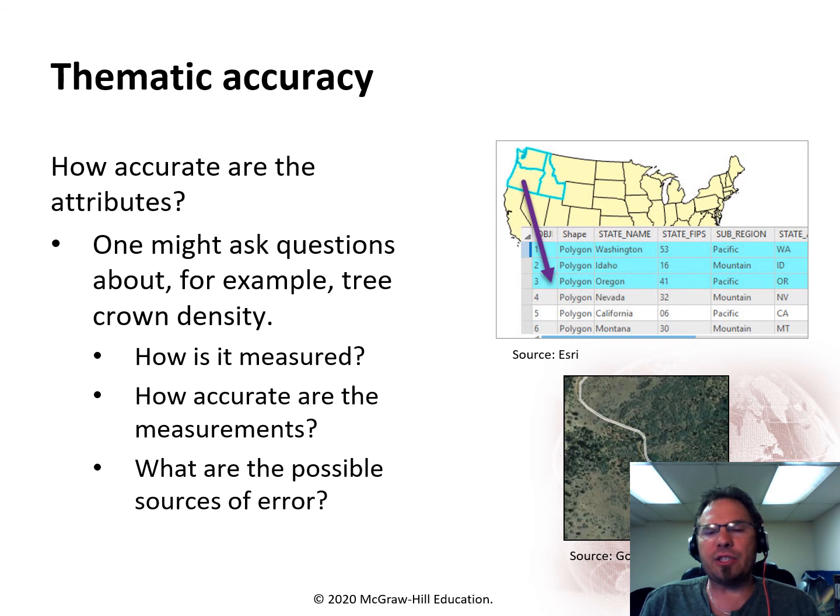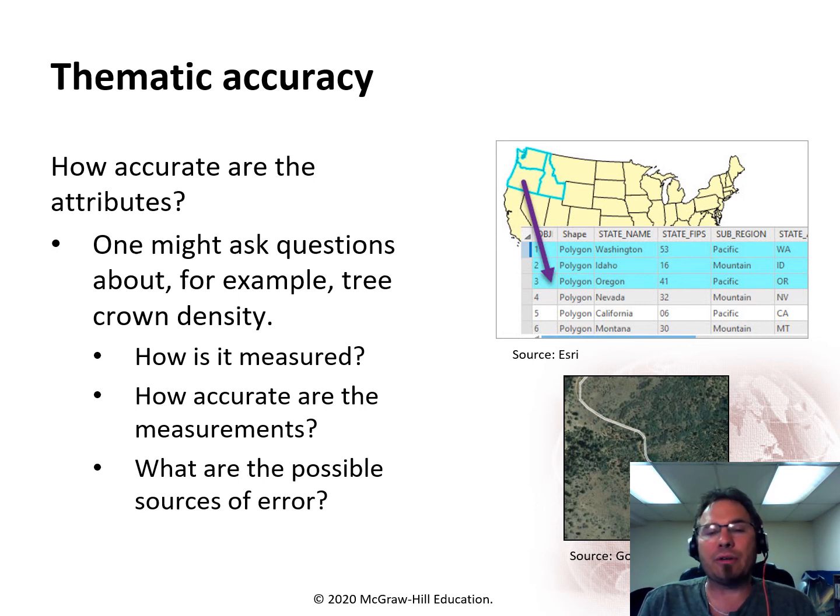Another consideration is something called thematic accuracy. So how accurate are the attributes, the columns of data within the table itself? You'll never know this exactly, but you like to trust the sources you're getting the data from. If you're using census data from the federal government, you'd like to think it's correct. However, let's say, for example, using the tree crown density, that's a very generalized type of analysis.